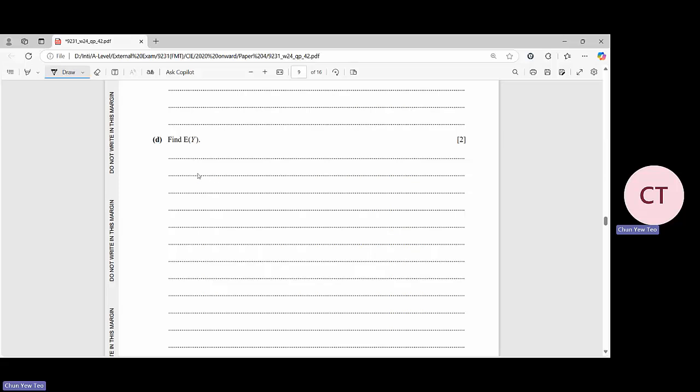E(Y) is actually the integral from 1 to 256 of the function that we have multiplied by y. If you multiply by y, you will get 1 over 84 y to the power 3 over 4.